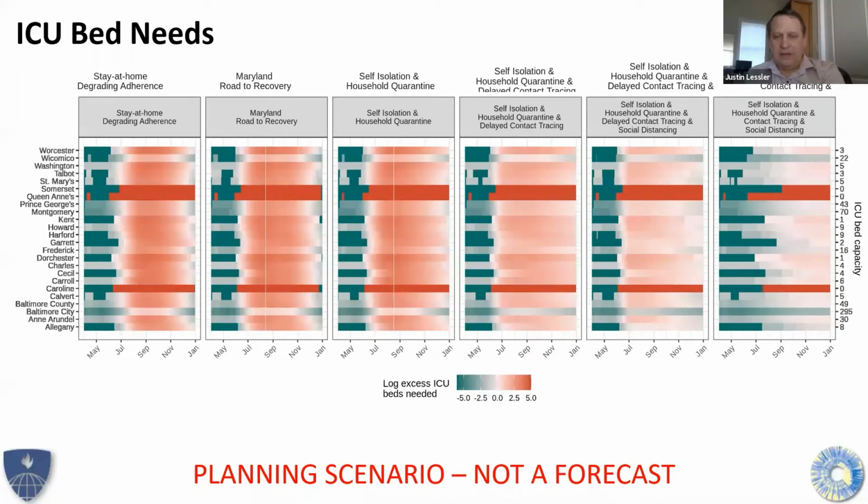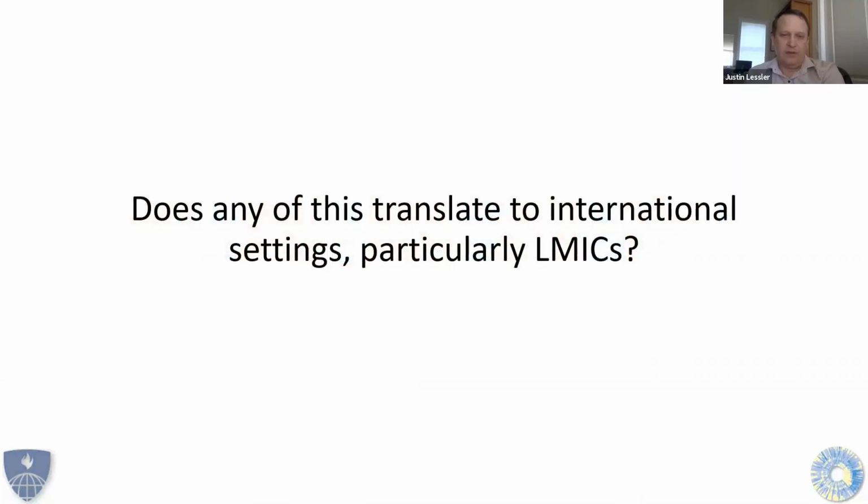And I think the message here is, based on the information and assumptions we made at the time we did the forecast, only the most aggressive control measures, which I should emphasize fall short of the type of stay-at-home measures that we've been doing in the past, were ever keeping you below ICU bed capacity.